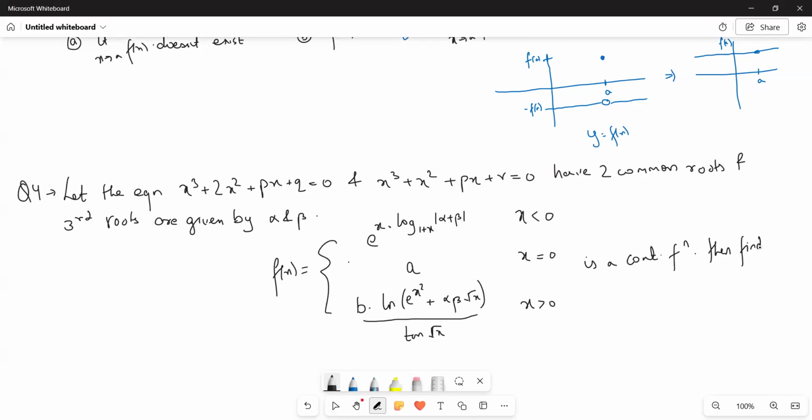Then find the value of alpha square plus beta square and find the value of a plus b.